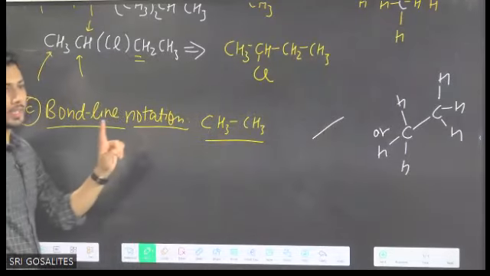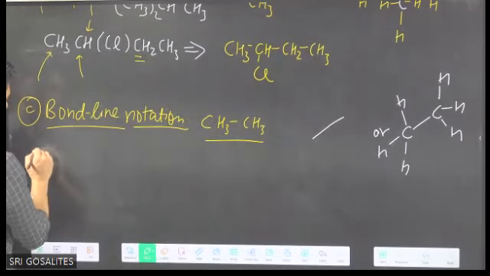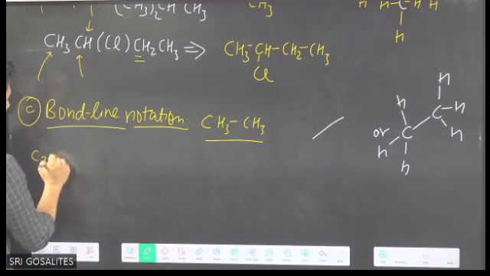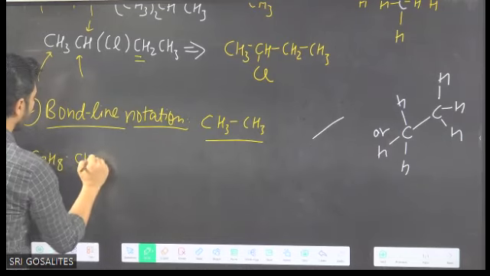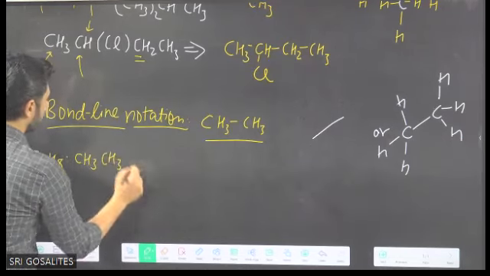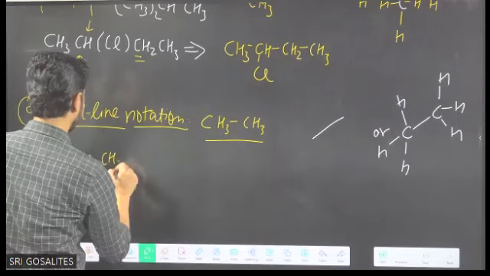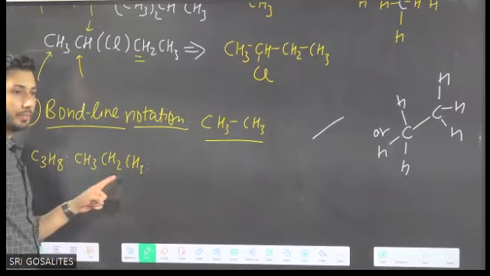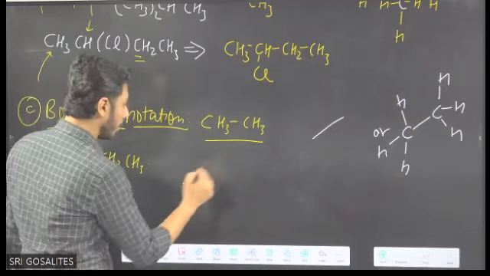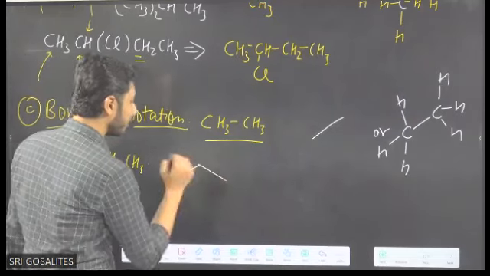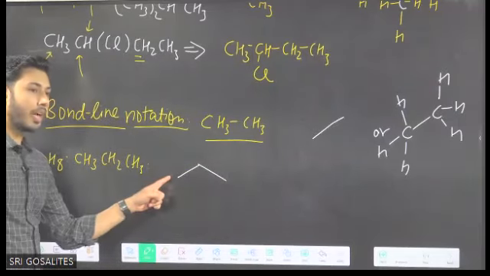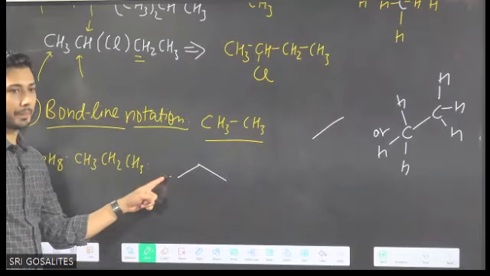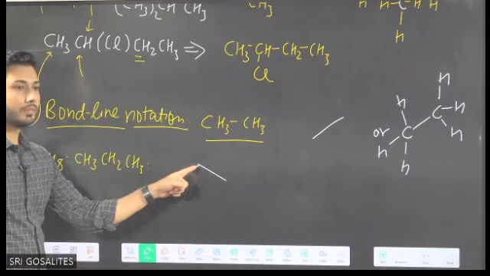First example, basic ethane. Now I'm writing the next example, C3H8, which is CH3, CH2, CH3. How many carbons are there? 3. So in bond line, one of the ways is starting point, carbon. Second, vertex.